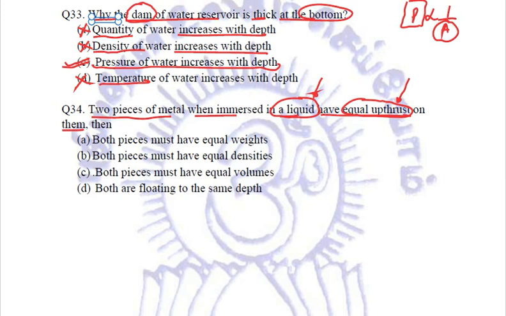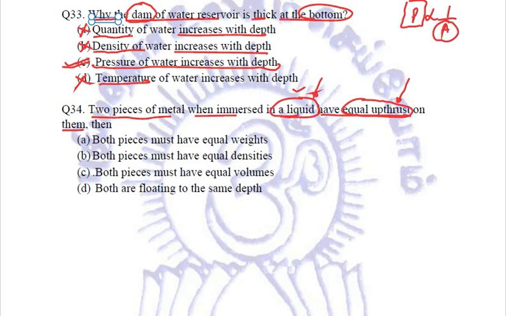Buoyant force, we have discussed that it depends on two factors. One is the density of the liquid. Now the liquid is the same, so not much of a problem with that. Nothing differentiated by way of density.